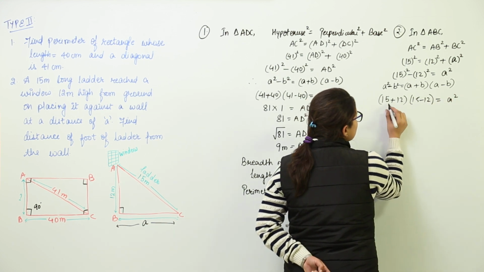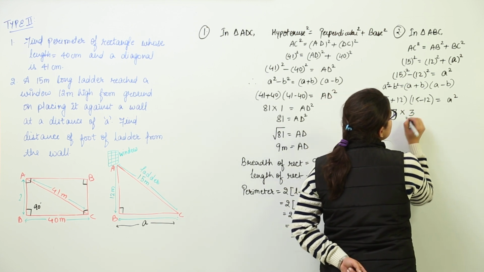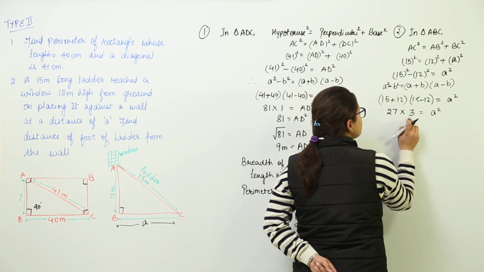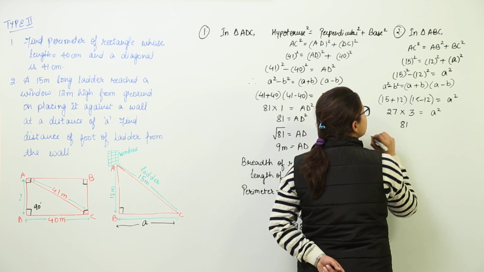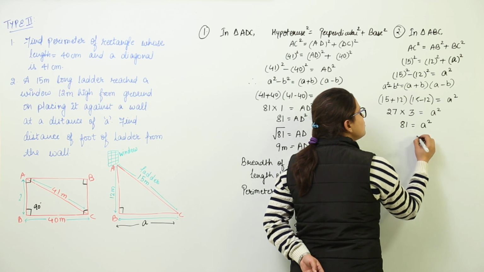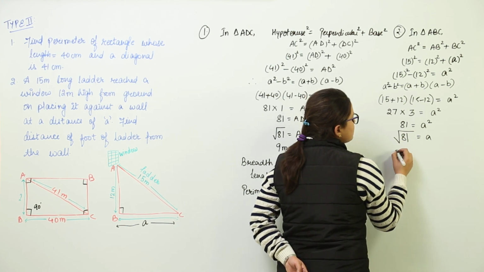Now 15 plus 12 becomes 27 multiplied with 15 minus 12, that is 3. So we get this as A square. When you multiply this, you would get 3 7s as 21, 2 3 2s are 6, and 2 7 8. So you again get A square is equal to 81. How to get rid of square? You take square root on the other side, that gives you 9.